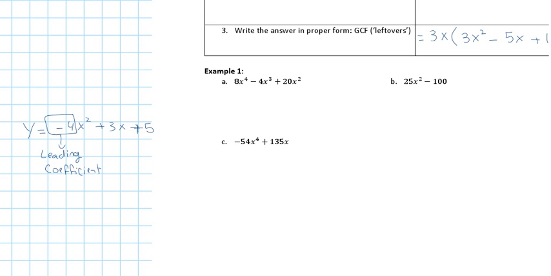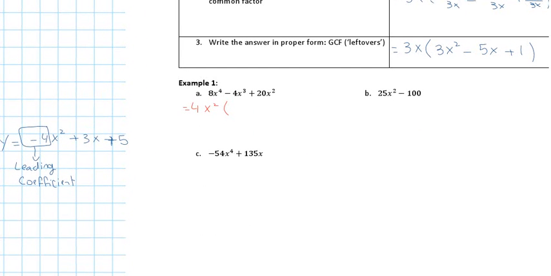And then 8, 4, and 20 are all divisible by 4, so I can take out 4x squared. Remember I told you I'm going to skip the middle step, so I'm going to skip writing this step.